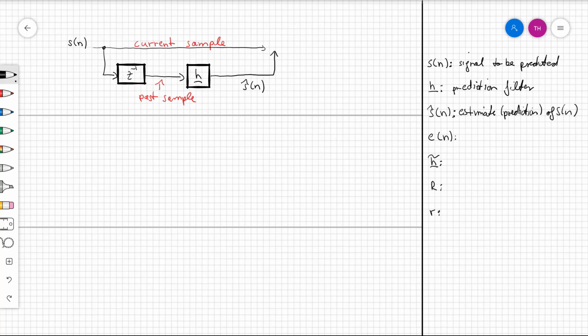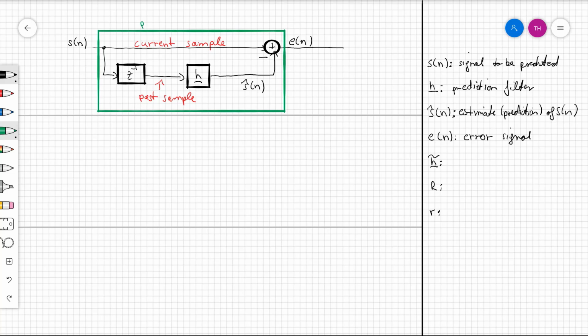And like we saw in the Wiener filter, we want to see how good our estimate or our prediction is. So we look at the difference signal between S of n and S hat of n. This is then our error signal, E of n. In many applications, we actually use the error signal itself. So we introduce another filter, which is the prediction error filter, which directly gets us from S of n to the error signal E of n.